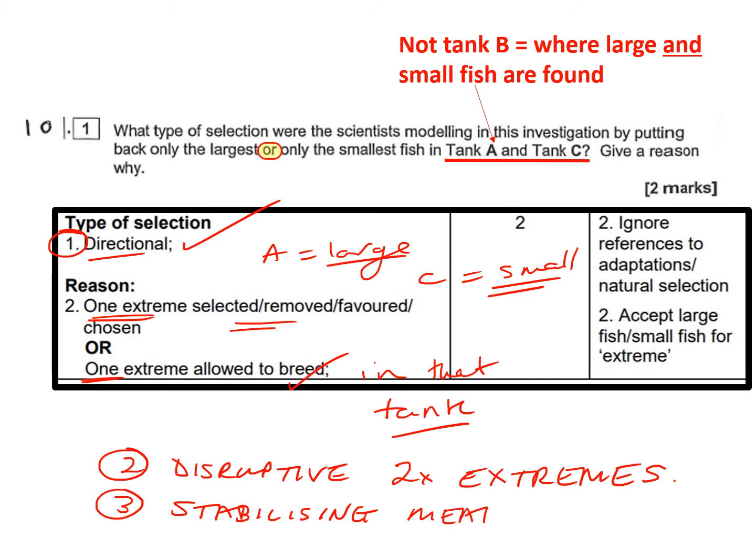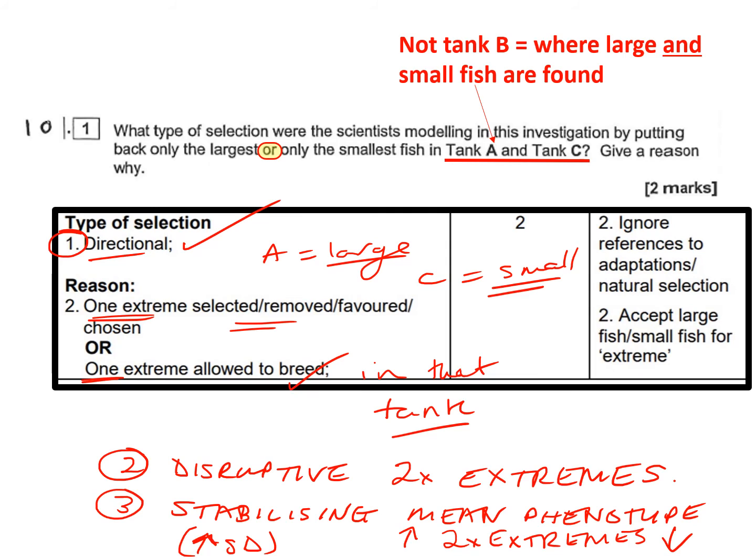So the existing mean phenotype is selected for. So the population number with the mean phenotype or close to the mean phenotype would increase in population, and the two extremes in stabilizing selection would be selected against. So actually the standard deviation around the mean would actually increase here. Sorry, the standard deviation would decrease, sorry. Put that right way.